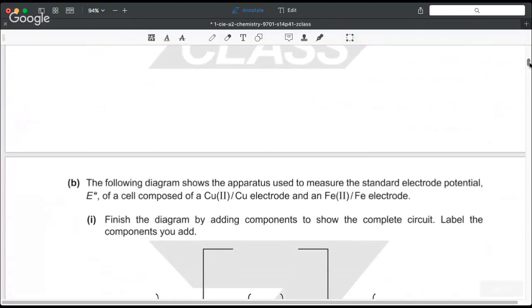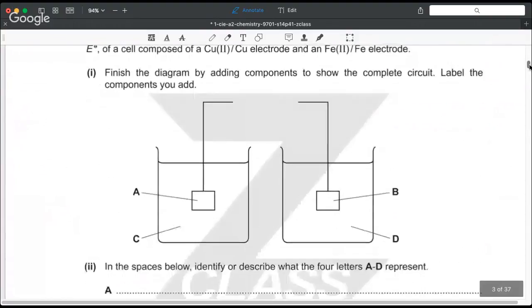So coming to these cell diagrams here, they don't sort of specify it in your syllabus, but there is a convention about what goes on the left-hand side and what goes on the right-hand side. And actually in the mark scheme, they don't bother about that too much. But as we go through this, we'll stick to the right convention.